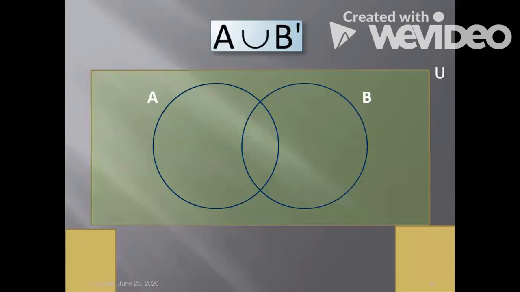Now we will look at something called set builder notation. These are some symbols that we use. We have been using them a while ago, like A intersect B, A union B. Those symbols are called set builder notation. For this series of diagrams, we will explain what the regions mean.